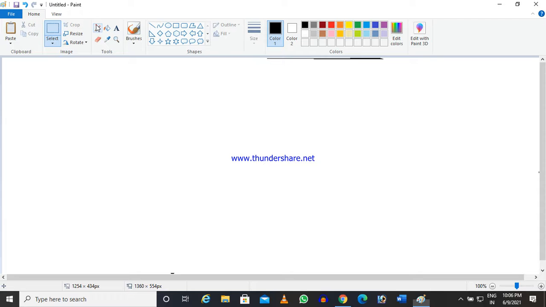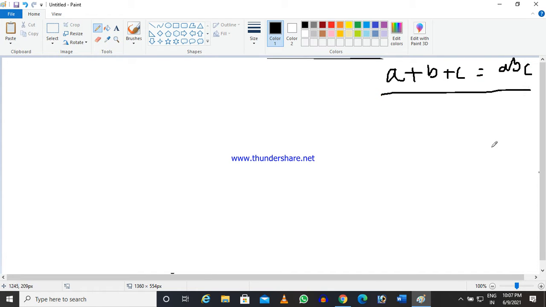Okay, I am slightly modifying the condition. Instead of a plus b plus c being equal to 0, I am making it a plus b plus c is equal to abc. So here a plus b is equal to, if I take c to the other side, abc minus c.